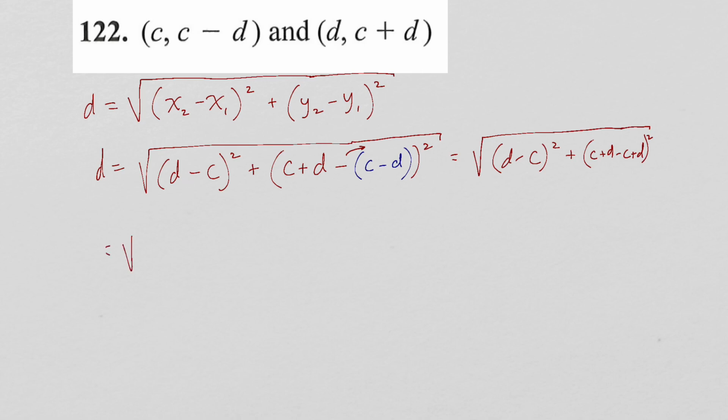So this is going to be equal to the square root of d minus c squared plus, now the positive d and the positive d add up, but the c minus c goes away. So this is going to be 2d quantity squared.